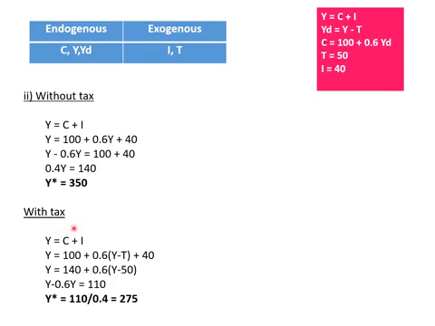So if we now assume that there is tax, we are working with t equals 50. That's been given to us, so t is no longer equal to 0. So it's the same approach, except now, of course, the consumption function, where we've got yd, it's going to be y minus 50. Okay, we are no longer assuming that yd is equal to y, because we are saying that there are now taxes in the model.